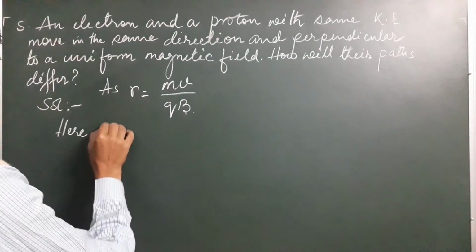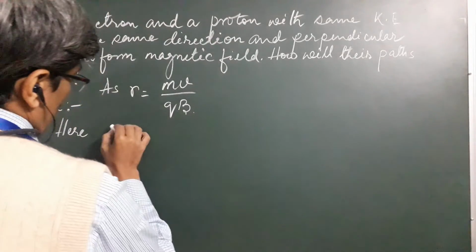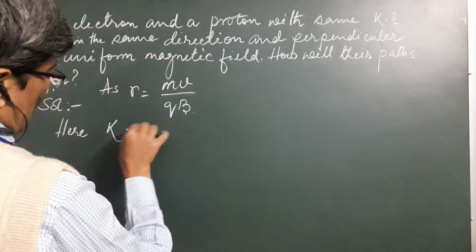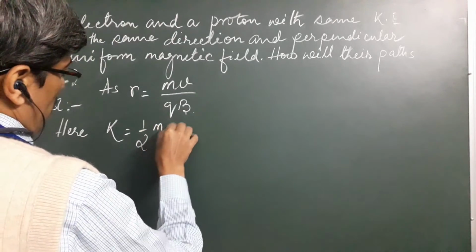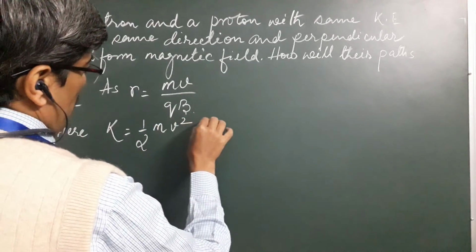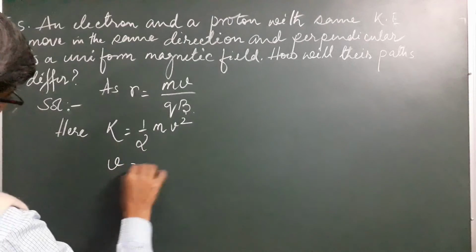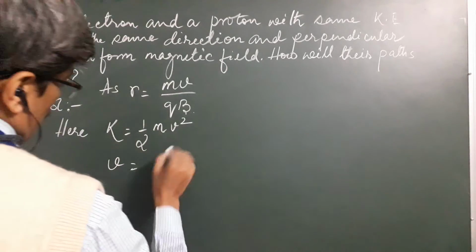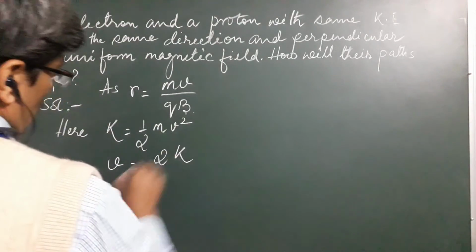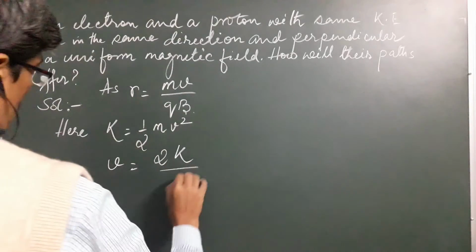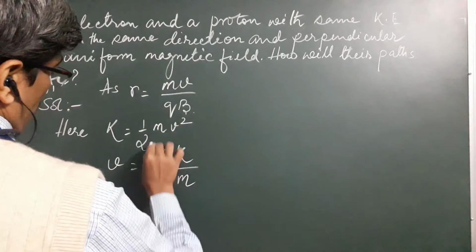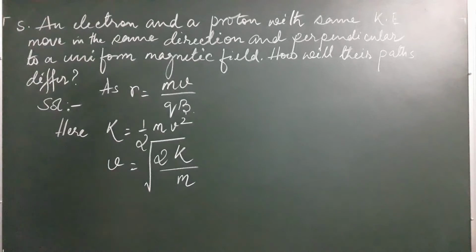Let us say the kinetic energy is K, therefore the kinetic energy would be equal to half of mv square, right, for any particle. From this, v can be written as under root 2K by m.